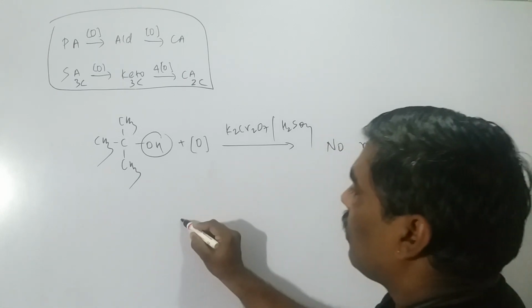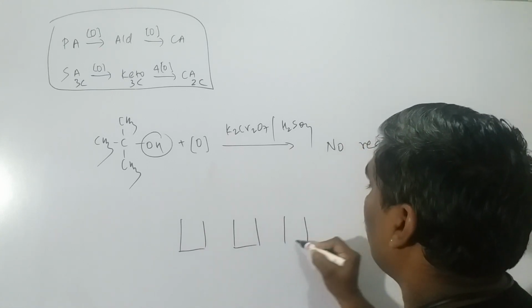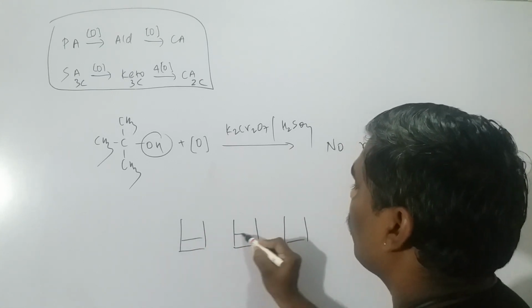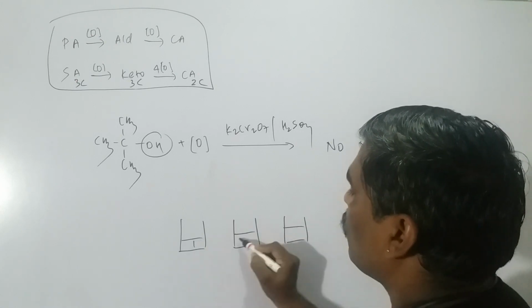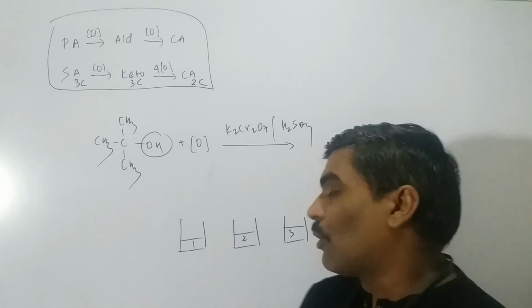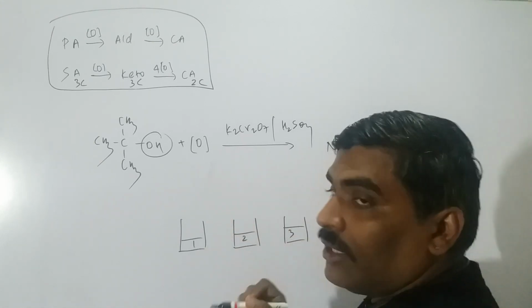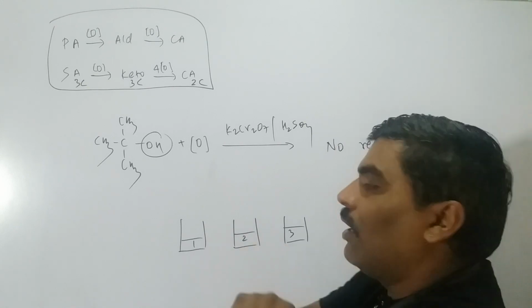For example, say we have 3 samples, sample 1, 2, 3. We don't know which alcohol is present in which sample, but these 3 samples are of alcohol.